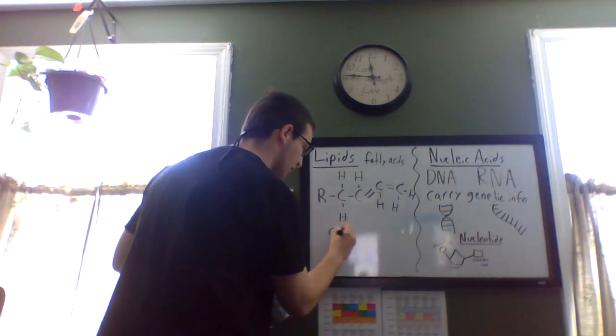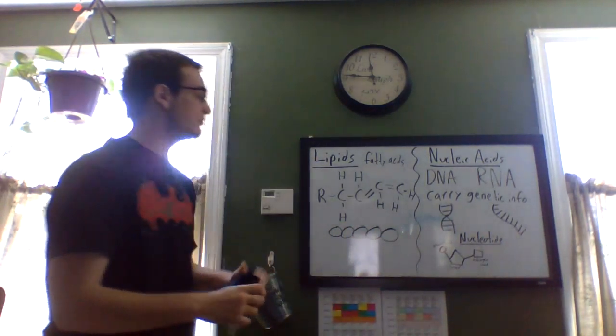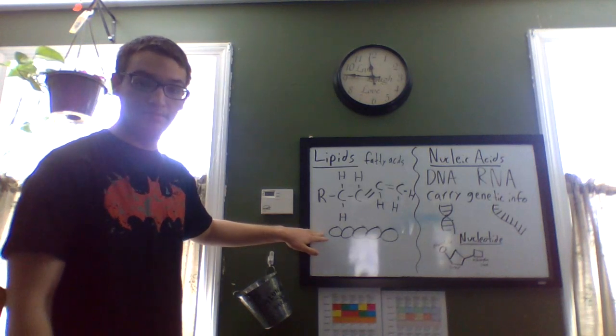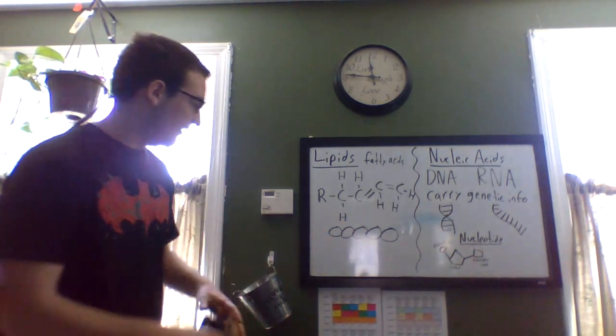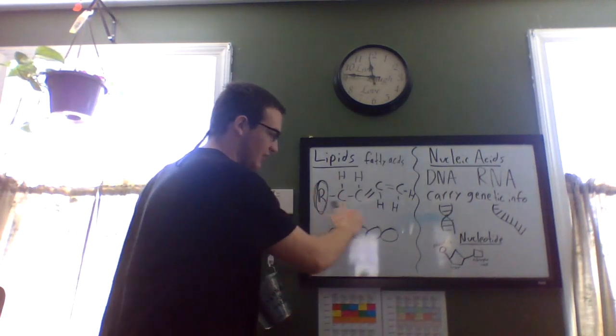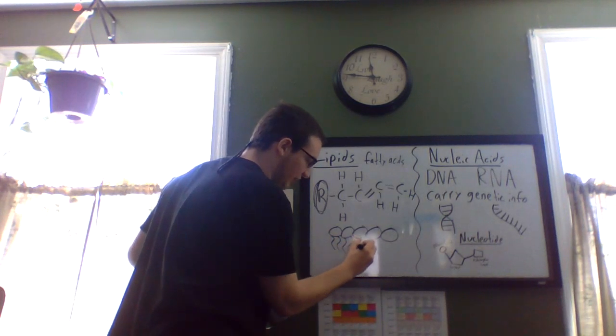So your cell membrane has these hydrophilic heads of the lipid, which is the rest of the molecule. That part is hydrophilic, and then this part right here, your tails, are hydrophobic.